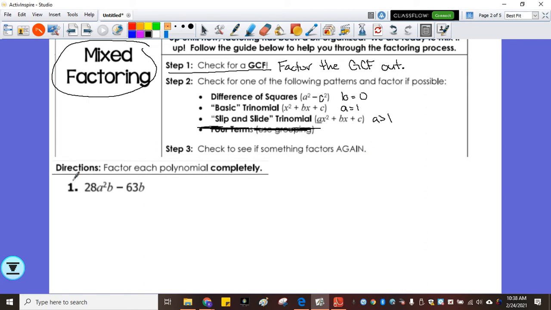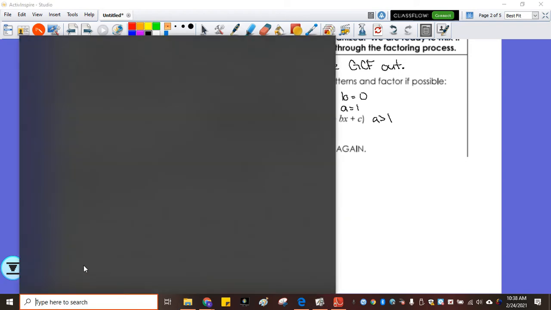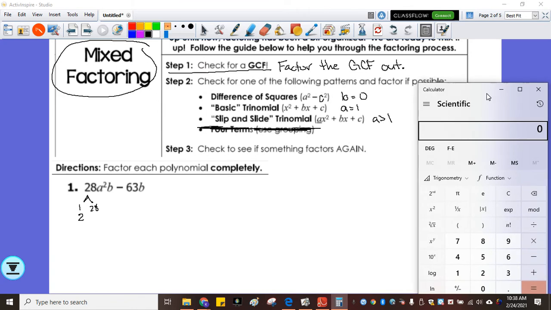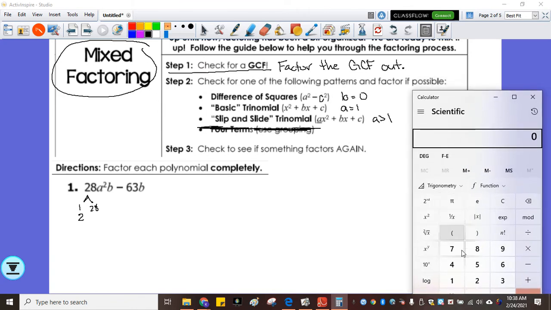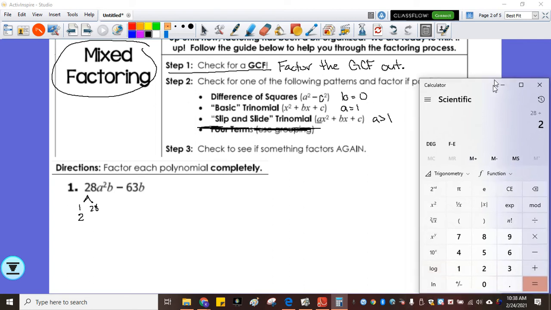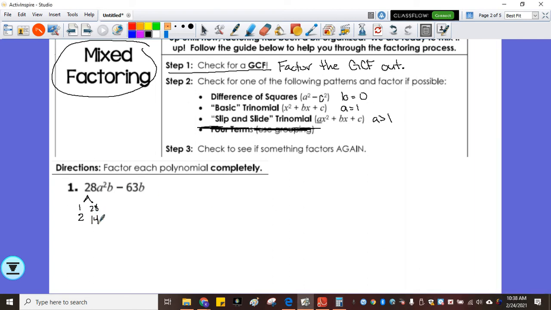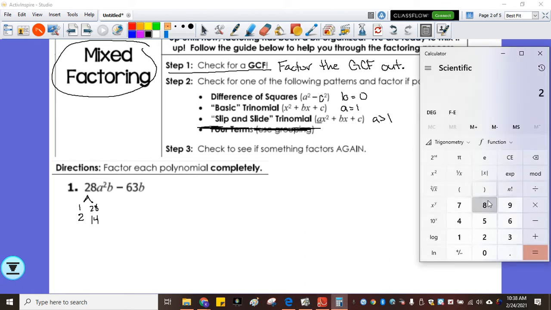So I'm going to start breaking down 28 and 63 while you write all that down. Because I don't know all my factors of 28. So 1 and 28, 2, 28 divided by 2 is 14. 28 divided by 3 is a decimal.